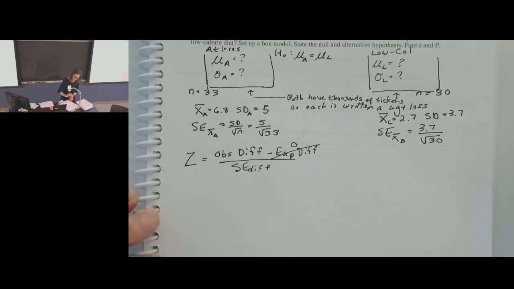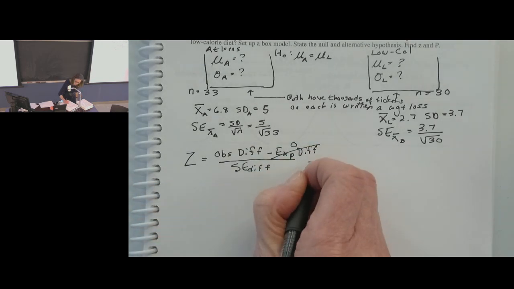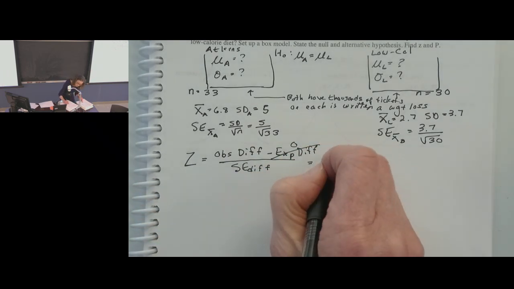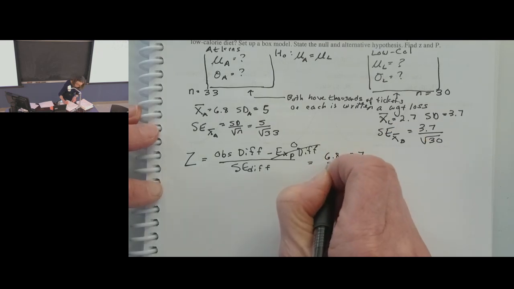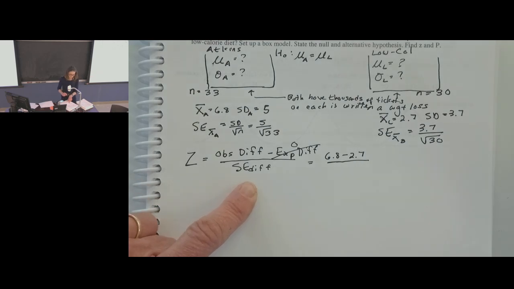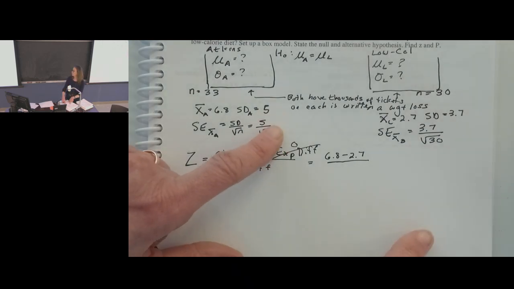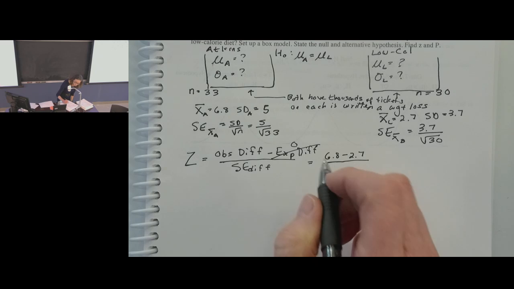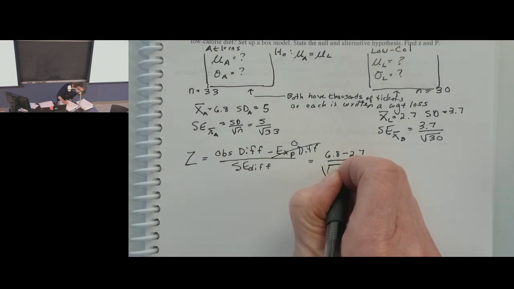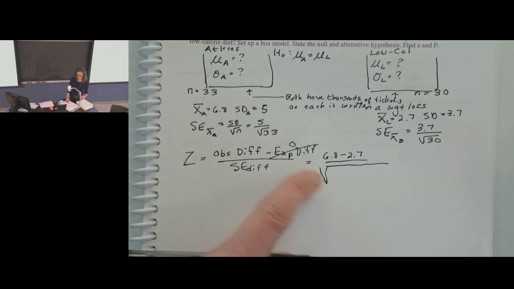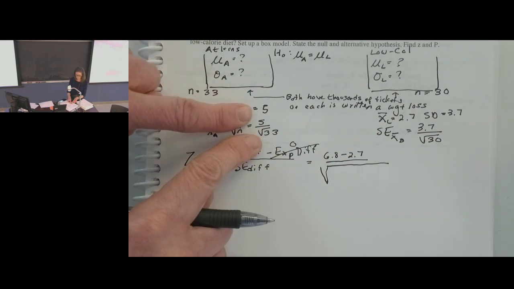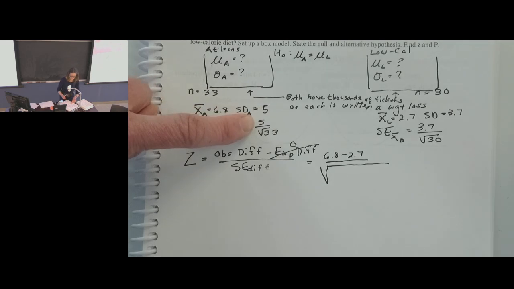Okay, that's just 0, so we're just going to leave that off. And so it's just the difference between the two of them, 6.8 minus 2.7. And now it's just this. I left it in this form, it's just easier for me to do this. Square root of, let's square this one. It's going to be the square root of this squared plus that squared. So if we square this one, we'll get 25.